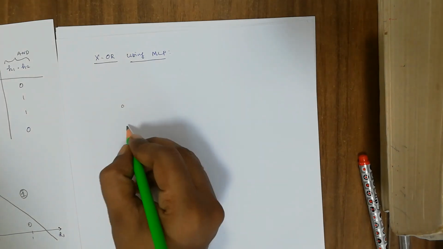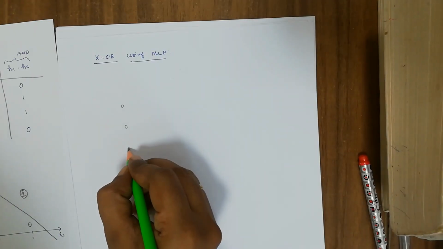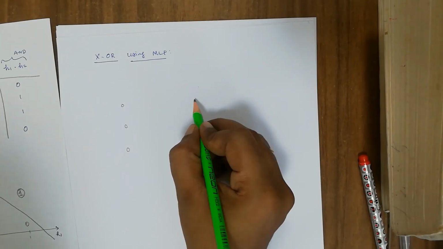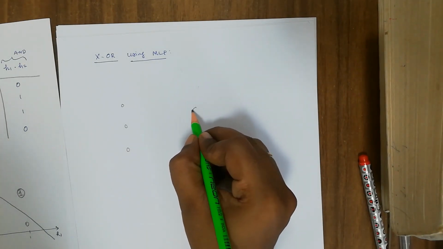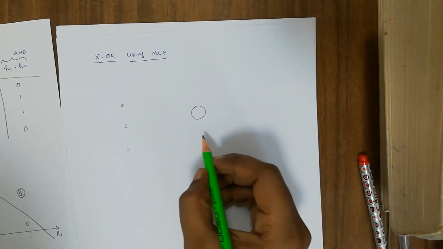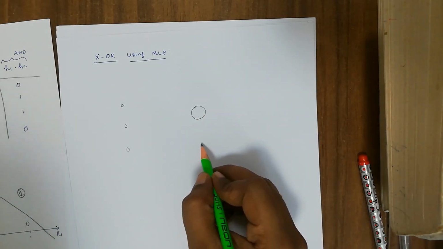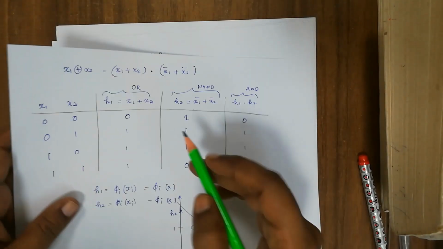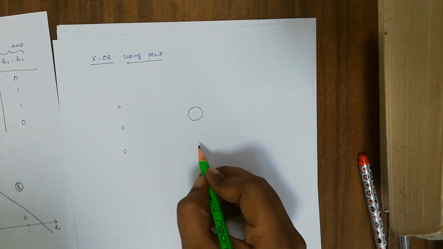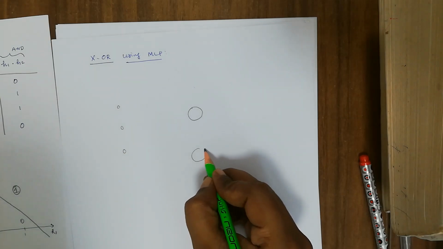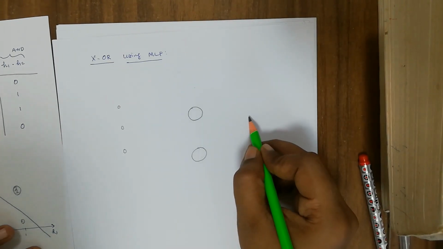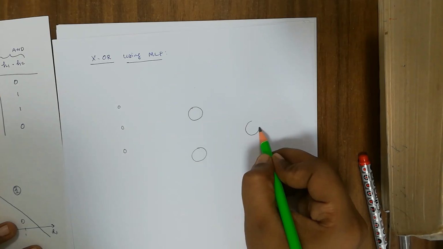The input can go as previously, and then let us have one node which will perform the OR operation, which is the same as H1 here, and the other one to perform the NAND operation, and then these two get mapped over here.